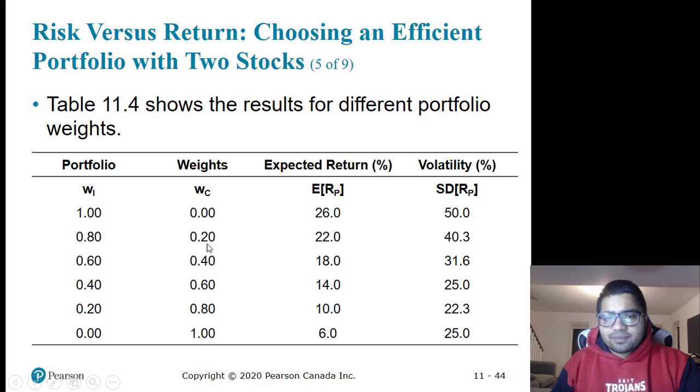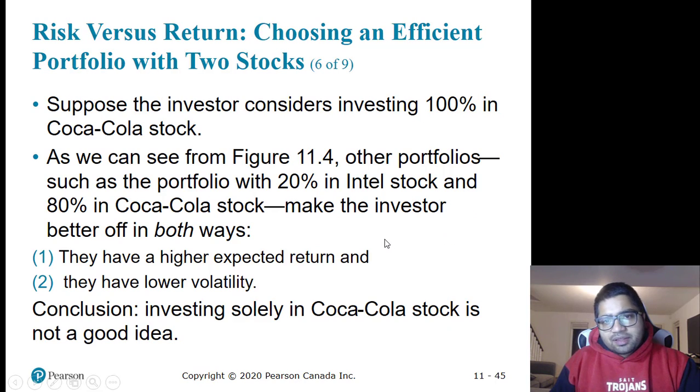They're changing weights: 0% in Coke and 100% in Intel, 20% in Coke and 80% in Intel, 60% in Intel and 40% in Coke, and finally 100% in Coke and 0% in Intel. So they are creating portfolios and changing the weights. Expected returns you can calculate, and the risk you can calculate.